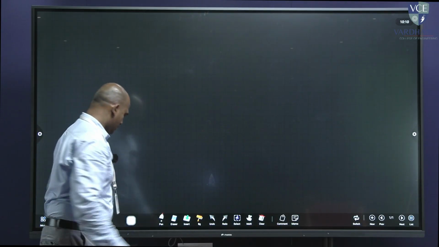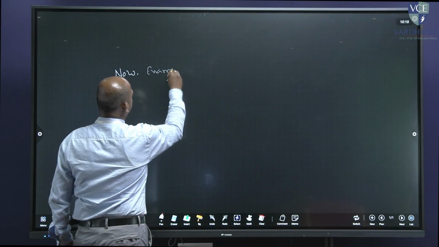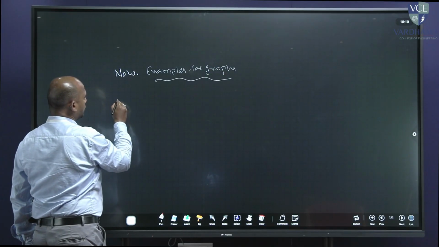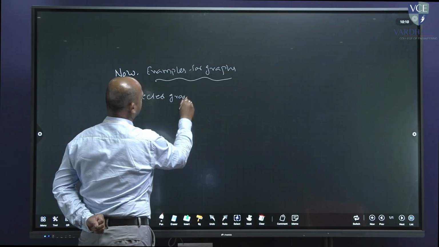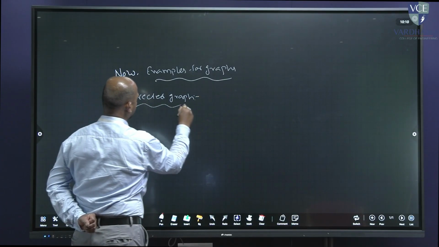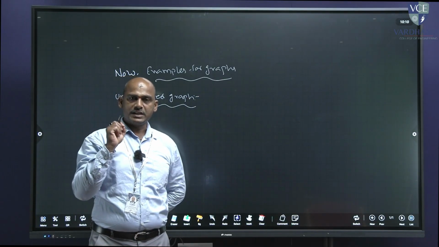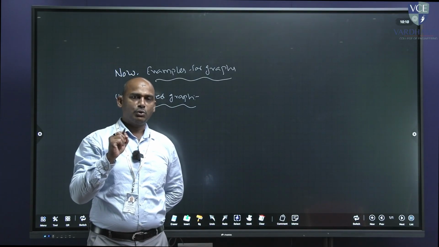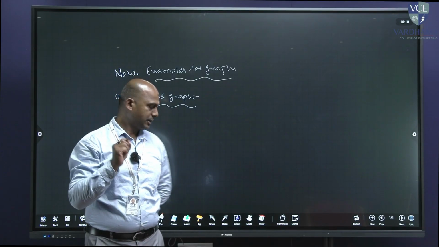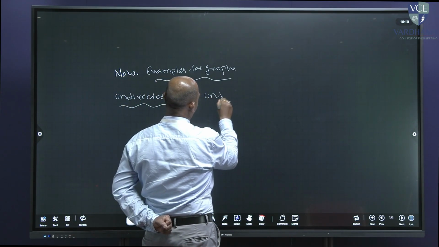Now come to examples for graphs. So we listed two types of graphs. First one is undirected graph. A graph in which each edge is represented with no direction is called an undirected graph.